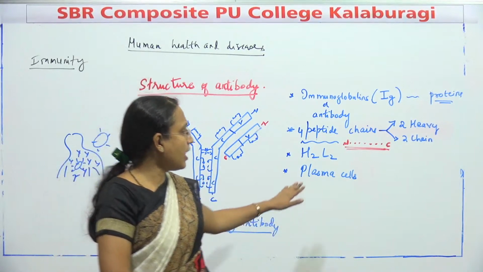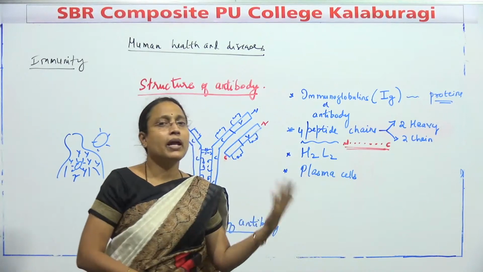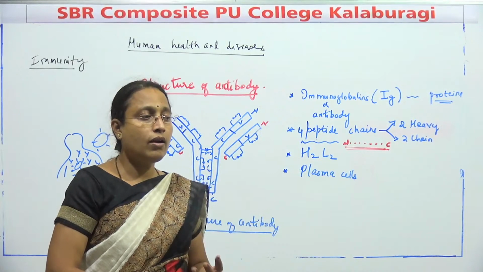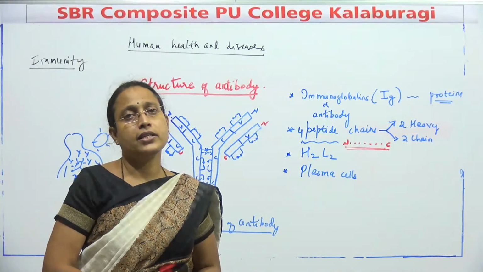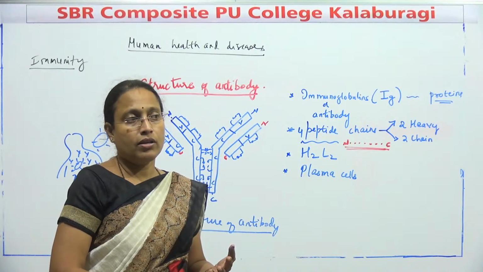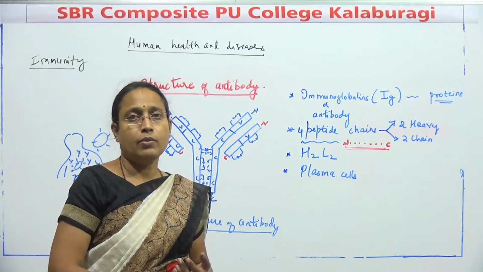Then how can a single plasma cell produce so many? No. That means there should be many plasma cells, which will produce a very high concentration of antibodies. That is called the titer of an antibody. The concentration of an antibody is also called the titer of the antibody.